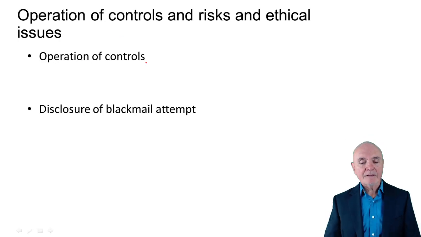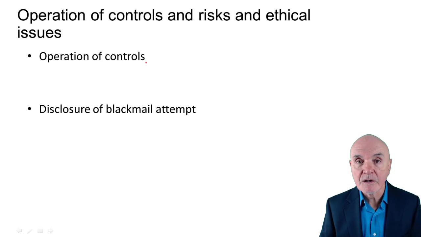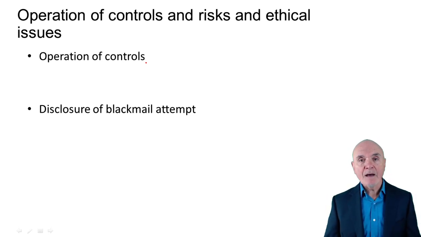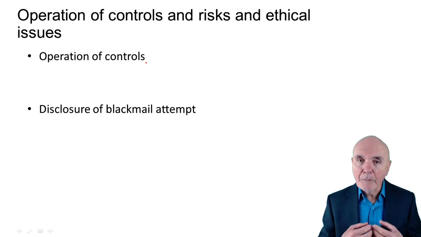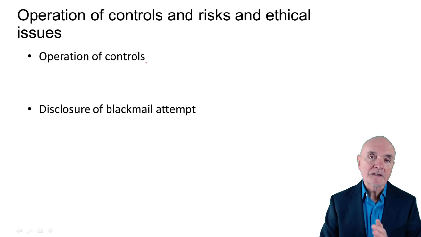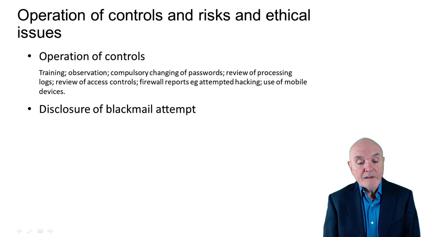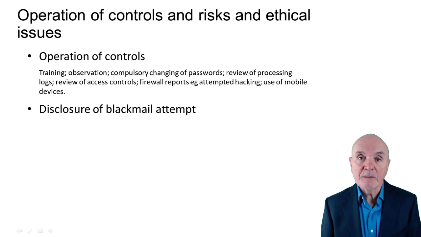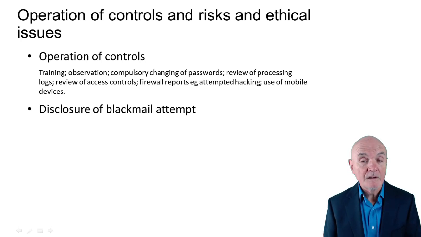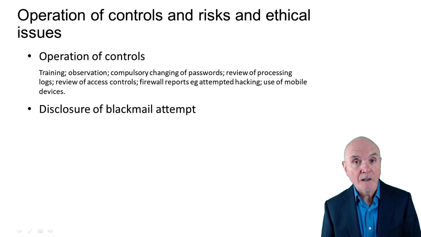So looking at this here, there's the operation of controls. How can we ensure that the operation of controls is taking place effectively? It could be by ensuring that our people are trained so they know what the operational controls are. It could be observing them.